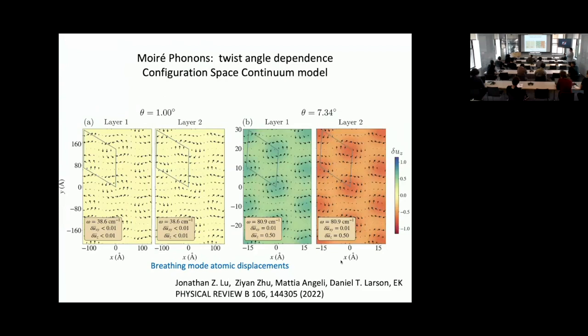Yes, that's a very good point also. In my view, at least from what I've seen so far, the effect of hBN is not very important in the flat bands themselves.